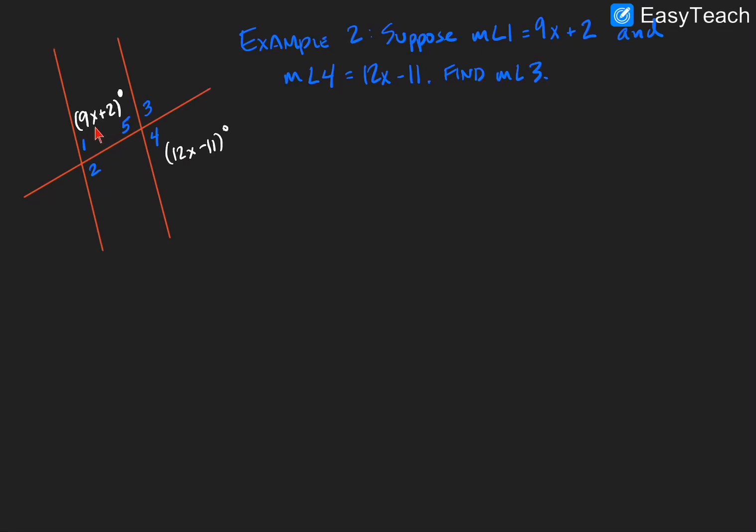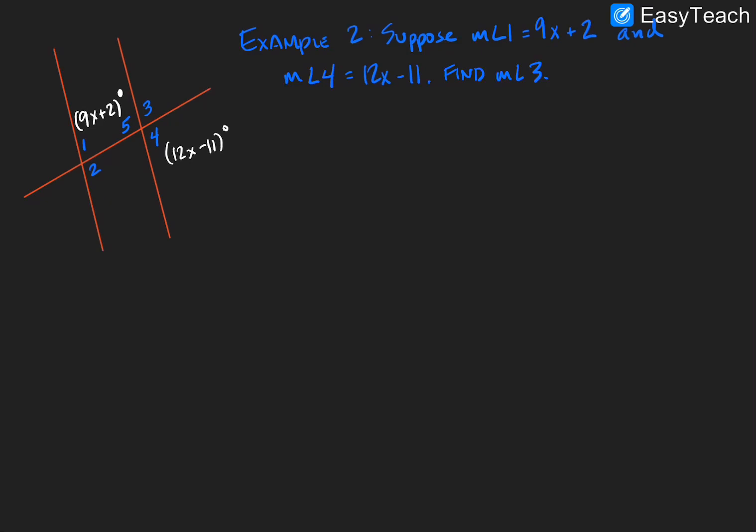All right? So let's set about trying to do that. Now, if I look at angles 1 and 4, they don't have one of the special relationships that we've been learning about. They're not alternate interiors, same side interiors, corresponding angles, or alternate exterior angles. But I do know that angles 4 and 5 are congruent.